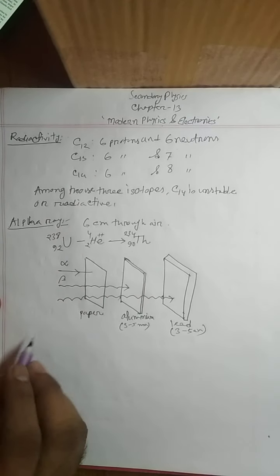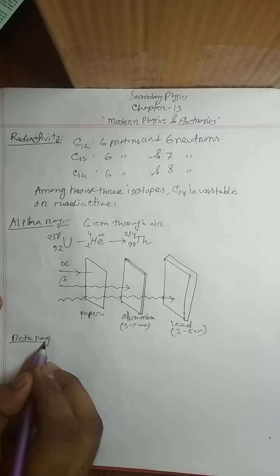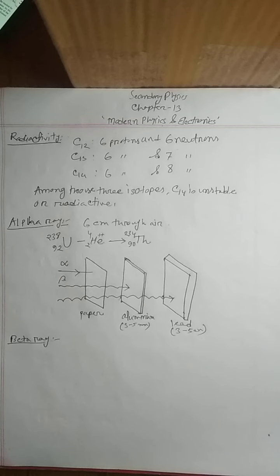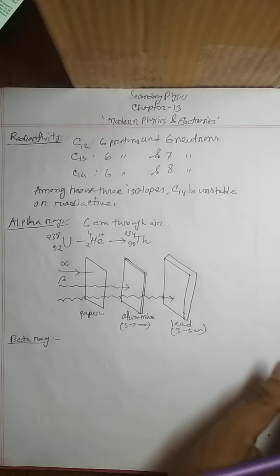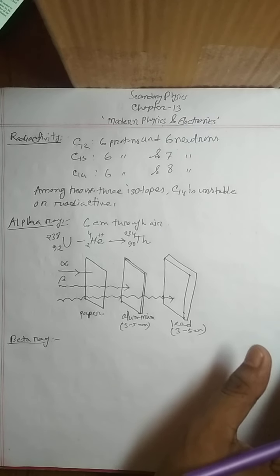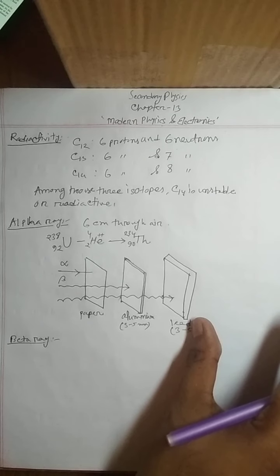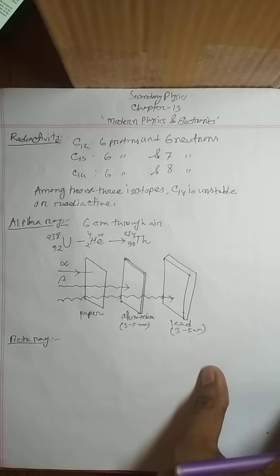Now beta ray. A beta particle is actually an electron. It is of course a matter of wonder, as a nucleus consists of neutrons and protons only. So how does an electron come out from a nucleus?